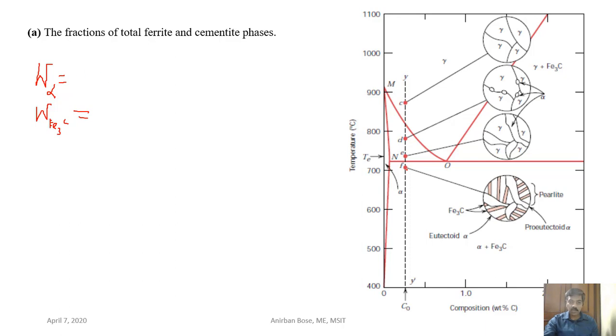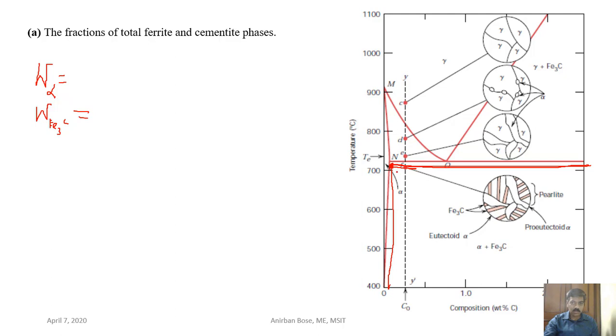So for that, we have to draw the tie line and use the lever rule. If you draw the tie line just below the eutectoid temperature, it has two phases. One is ferrite, another one is cementite. First we have to know the composition of that ferrite, which you will get if you draw a vertical line here.